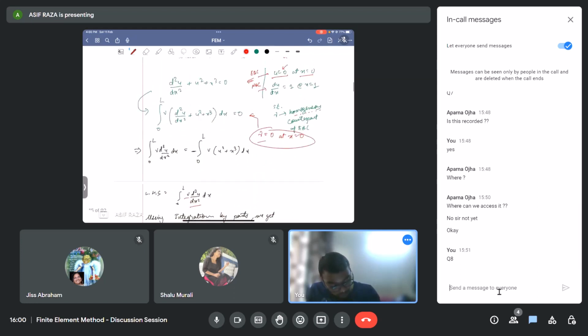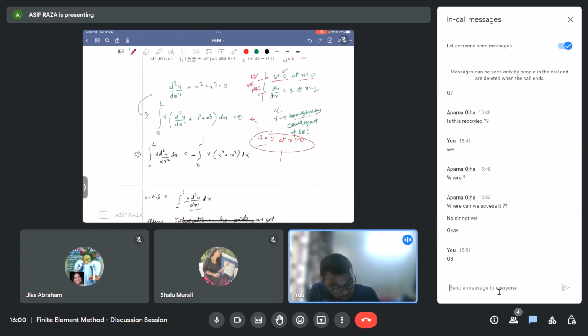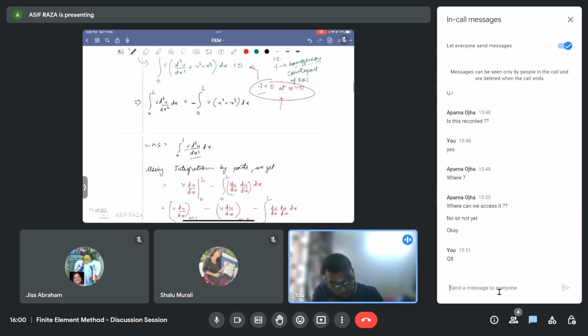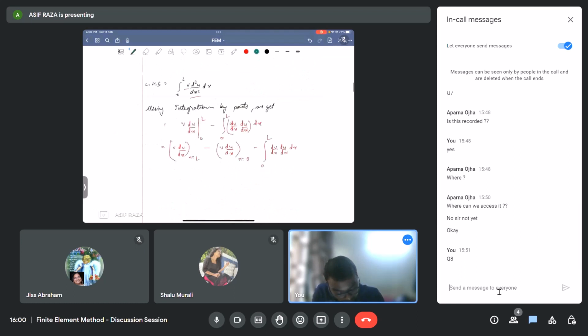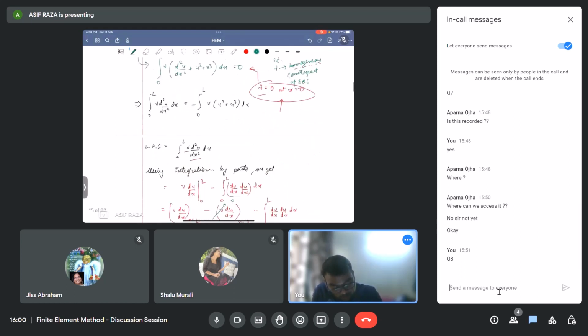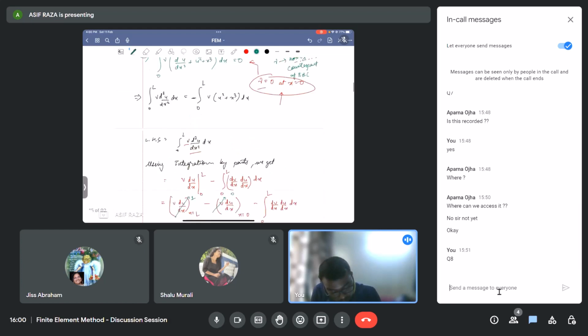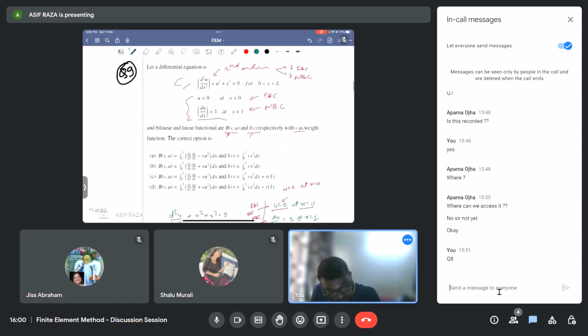As you have seen earlier, as I told you, the new V is equal to 0 at x equal to 0. So what will that imply is this will become 0. And we are given the boundary condition du by dx is equal to 1 at x equal to L, right?